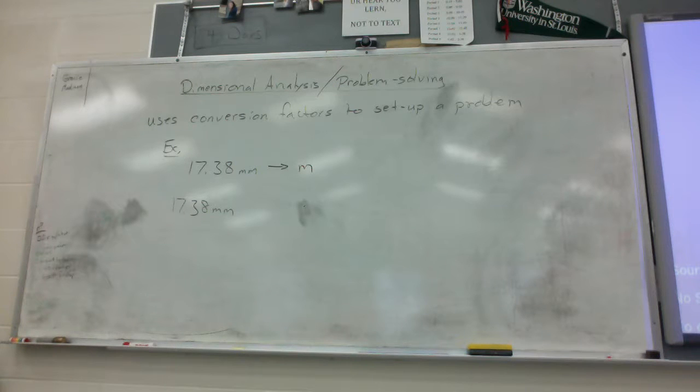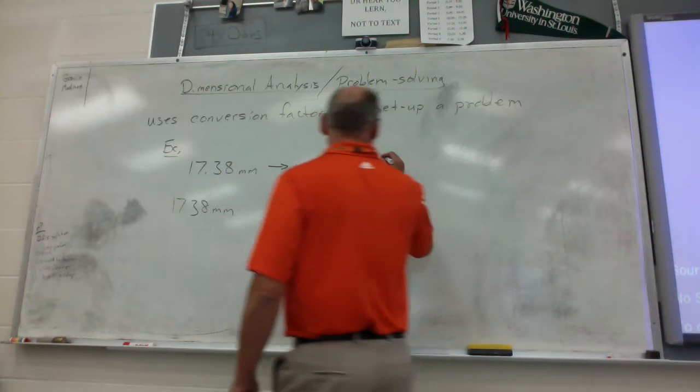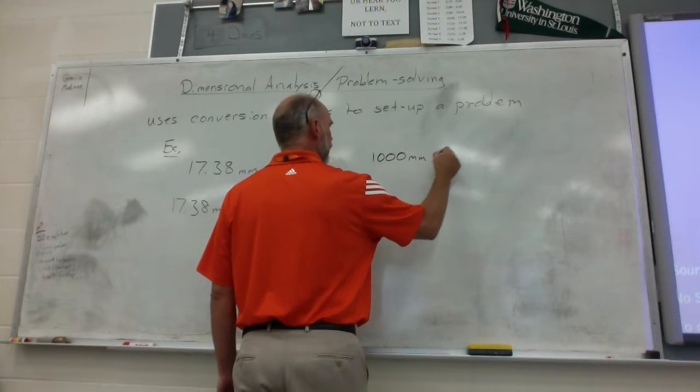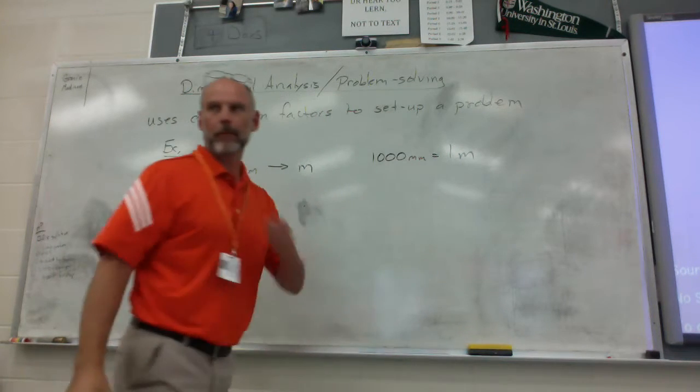How many years in a millennium? 1,000. Milli means 1,000. You see where I'm going with this? These are words that you guys are familiar with. There are 1,000 millimeters in 1 meter.